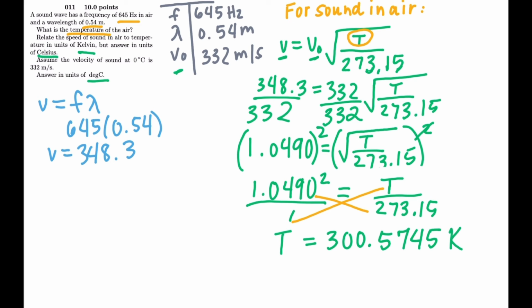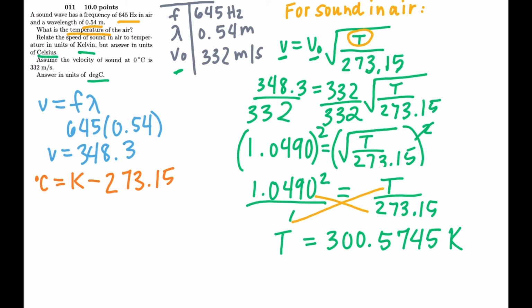When we refer back to the problem, it wants the answer in degrees Celsius, right? So now we have to get the answer in Celsius. We're going to use this equation: Celsius equals Kelvin minus 273.15.